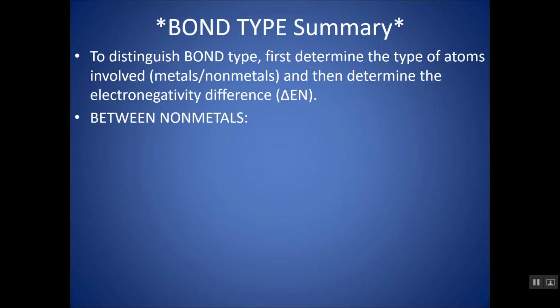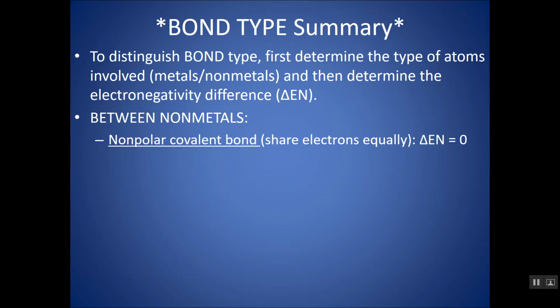Just a summary: to distinguish the type of bond, first figure out what type of atoms are involved. Do you have a metal and nonmetal? Do you have two nonmetals? Then look at the electronegativity difference. If you have nonmetal atoms, then you're looking at a covalent bond. It will be nonpolar, meaning electrons will be shared equally, if your difference in electronegativity is 0, and that's going to be the case when you have two of the same nonmetal element joined together.